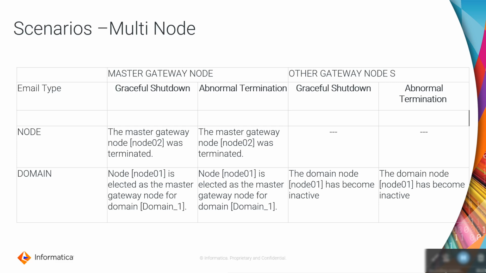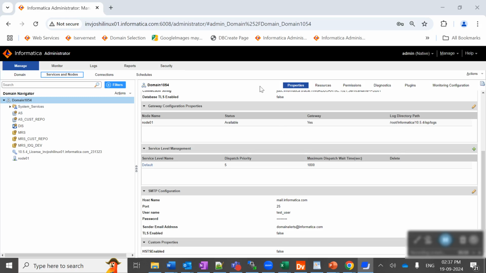Let's go ahead and see how we can configure to receive these kinds of alerts. Let's start with the demo. To configure it, we have to log into the admin console, come to the Domain, Services and Nodes, come to the SMTP configuration, and define the host name, port, username, password, and the email alerts sender email ID.